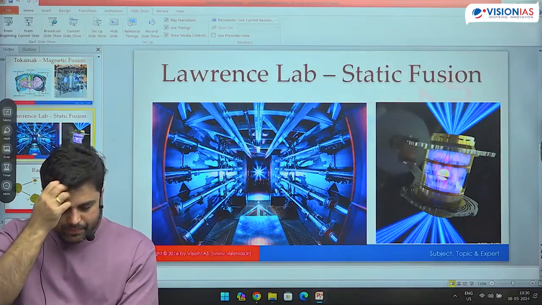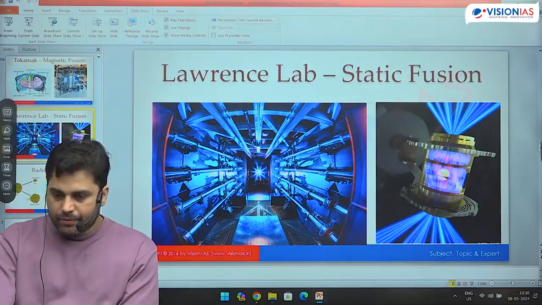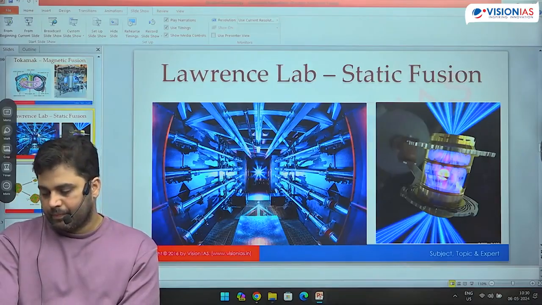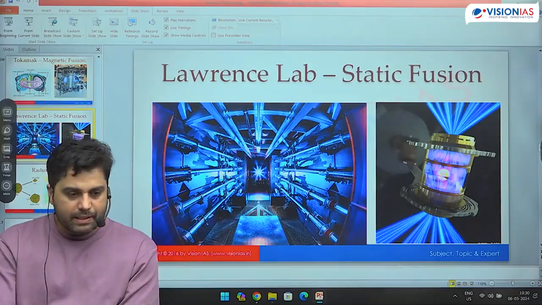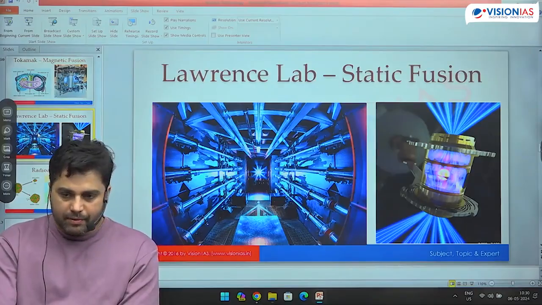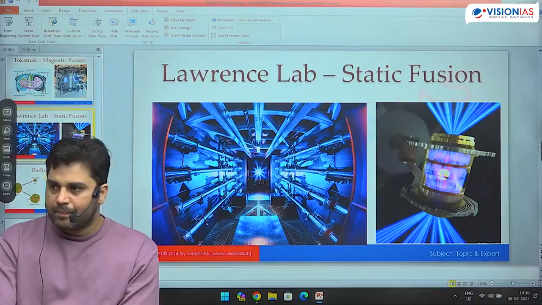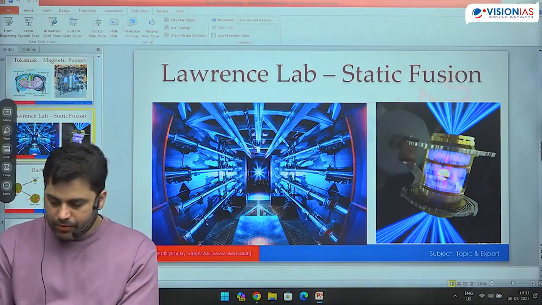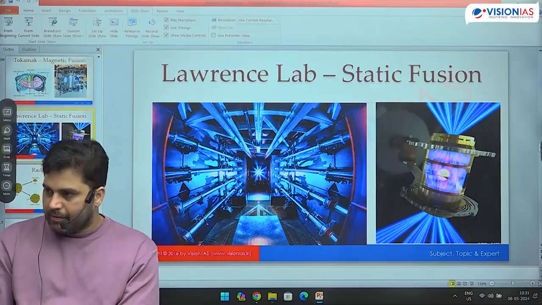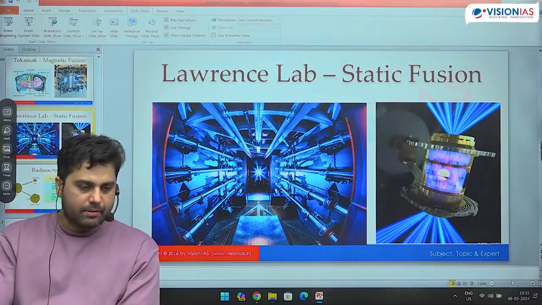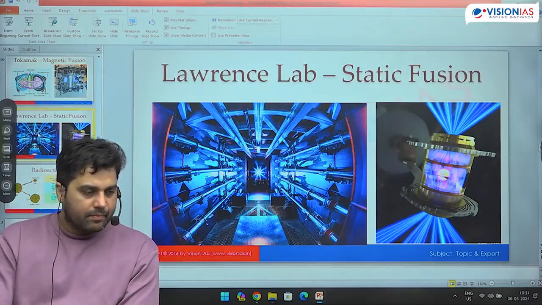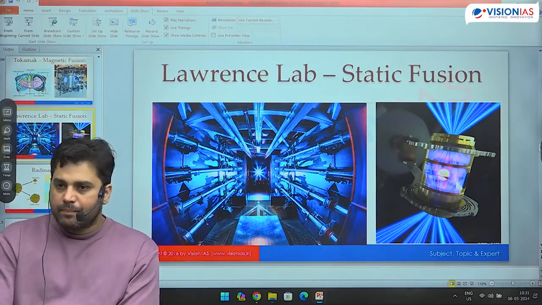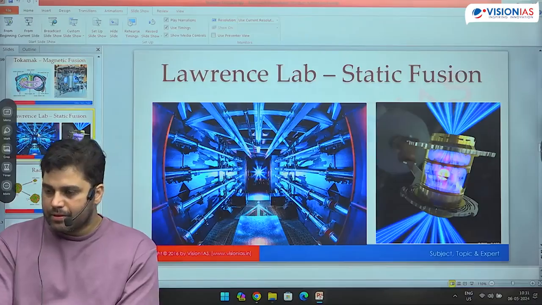And also, it requires many prerequisites. If any parameter does not match up, fusion stops.